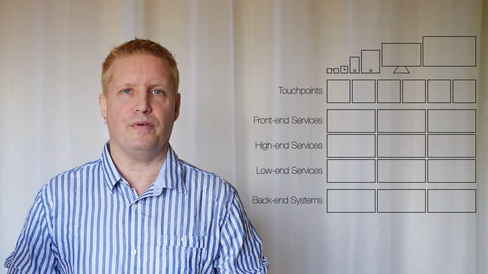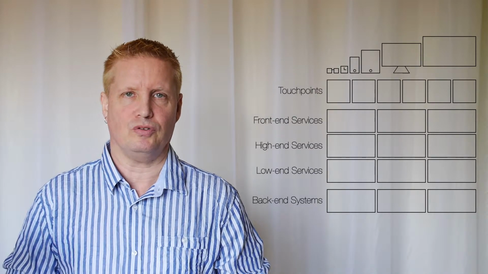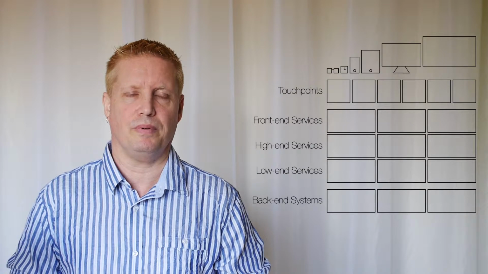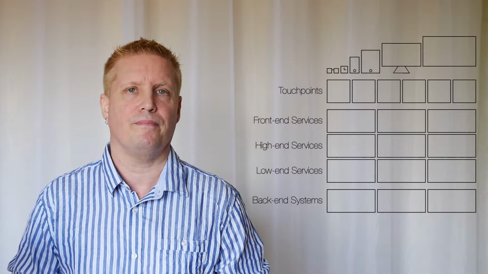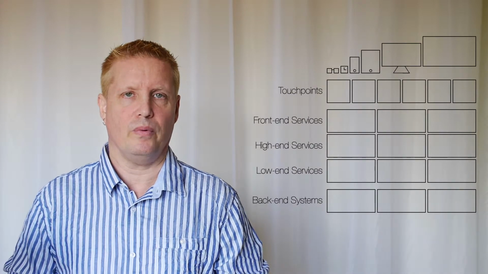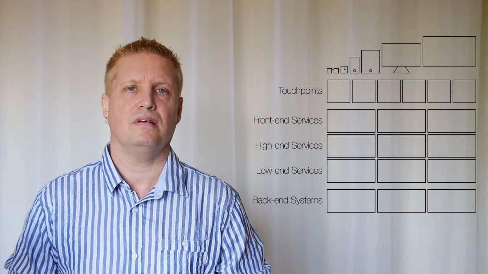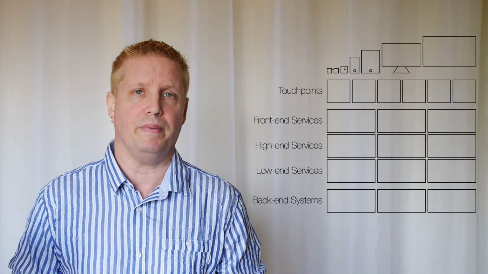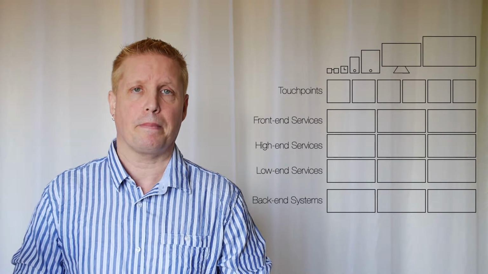This is an overview of a typical architecture that delivers a multi-channel services experience to different clients. At the top, we have the different devices, and on these devices are running a number of touch points, which could be apps or webs.